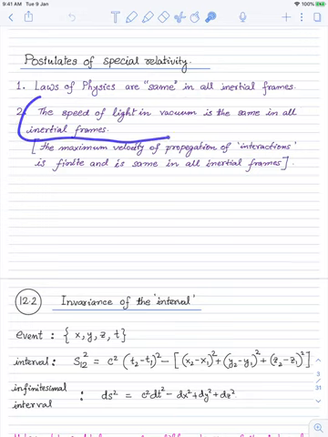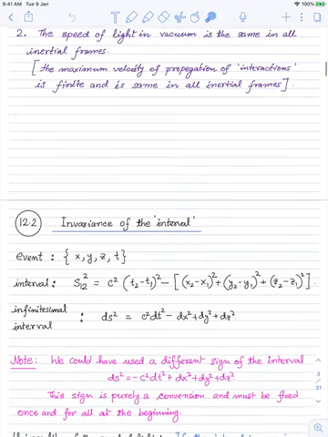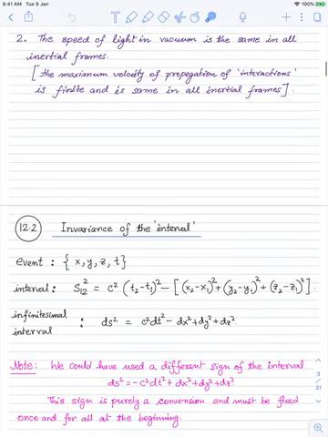That involves two steps. The first step would involve proving that this postulate implies the invariance of something called an interval. I want you to think of this interval as a generalization of the idea of distance.